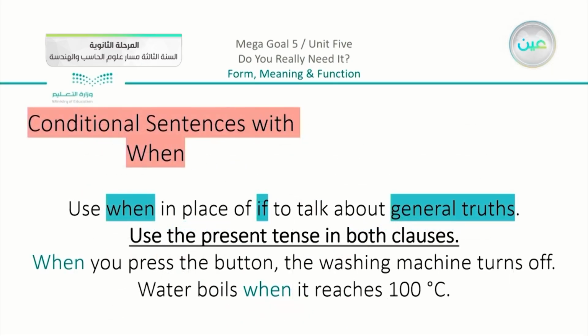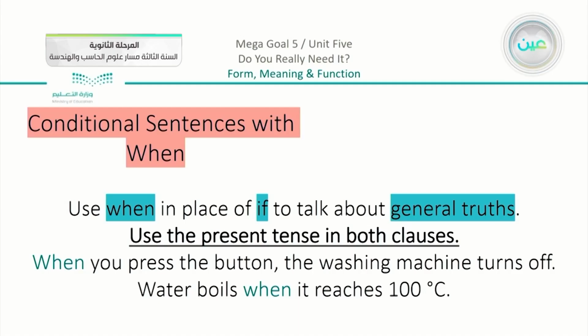Now moving on. With this kind of conditional sentence, I can use when instead of if. So I can replace here. Instead of saying if you press the button, the washing machine turns off, I'm going to say when you press the button, the washing machine turns off, and you can see that there is no difference. So use when in place of if to talk about general truths.